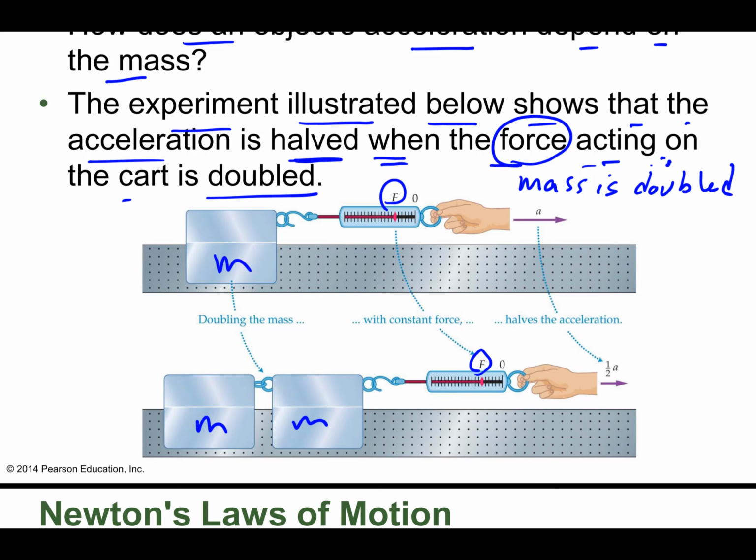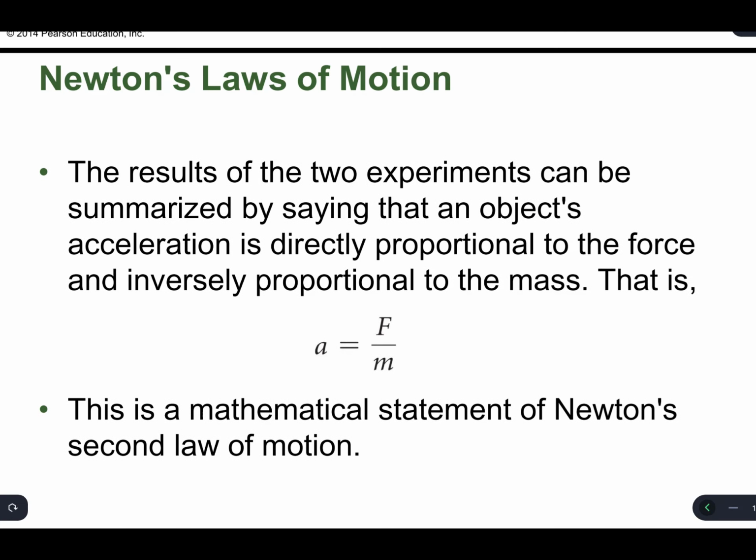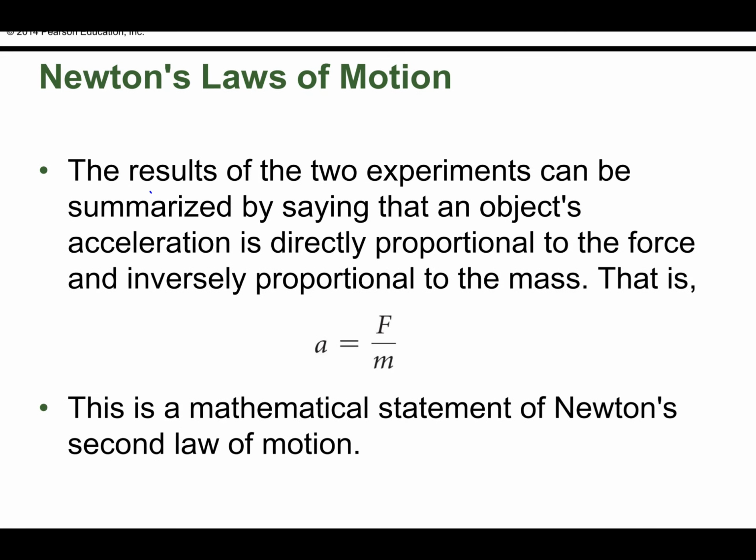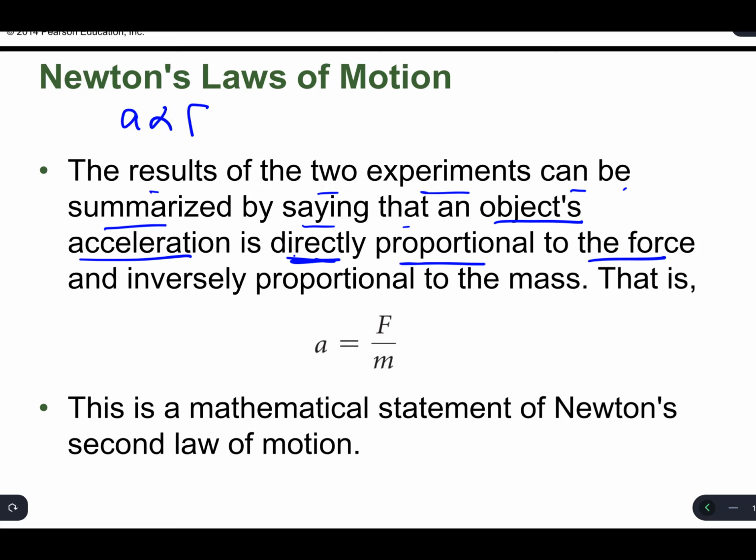Don't forget the meaning of acceleration: the rate of change in velocity, delta V over delta T. So, the results of the two experiments can be summarized by saying that an object's acceleration is directly proportional to the force, as we wrote before, and inversely proportional to the mass.